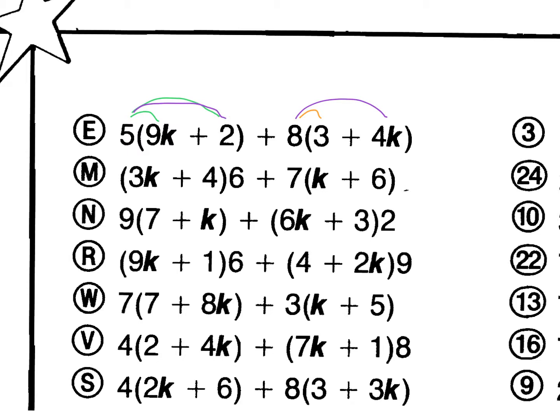So this 5 times 9k would be 45k, and then the 5 times 2 would be plus 10, right?